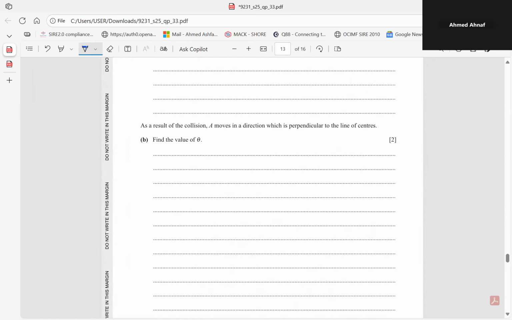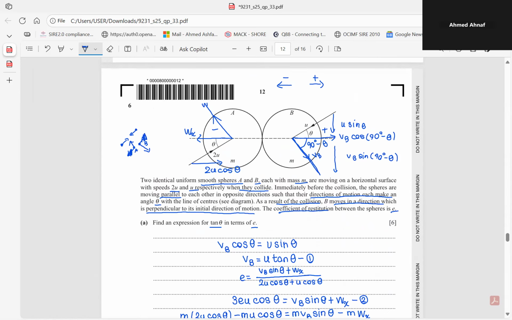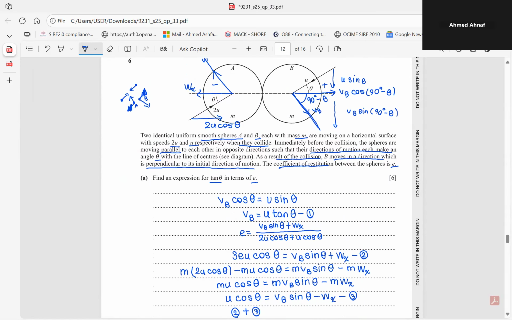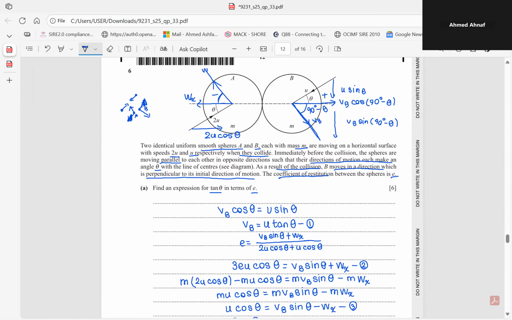Now they're saying that as a result of the collision, A moves in a direction which is perpendicular to the line of centers. And so now we have to find the value of theta. This angle, again, is 90 minus theta.